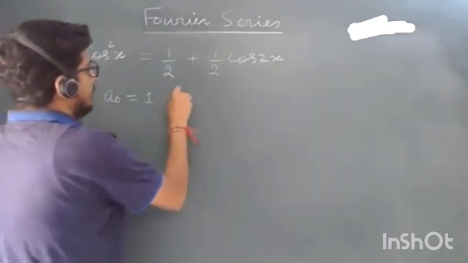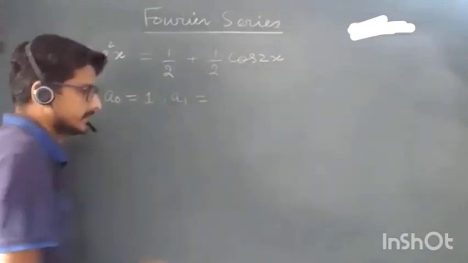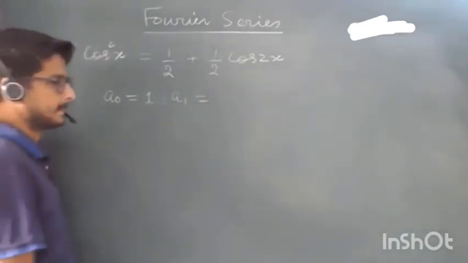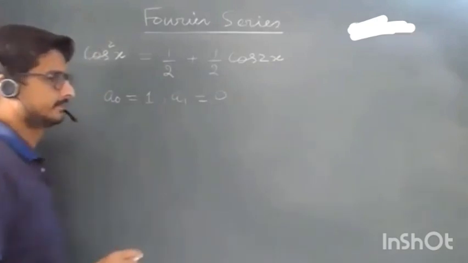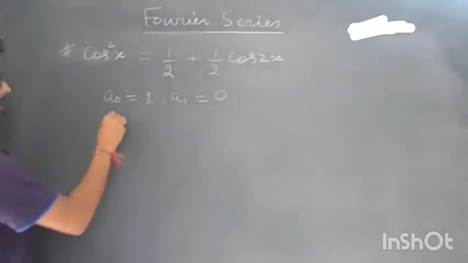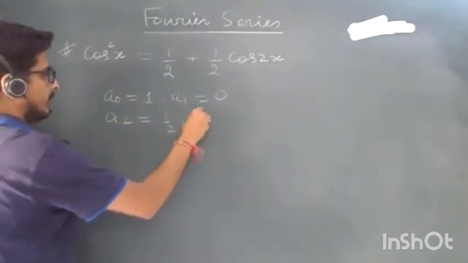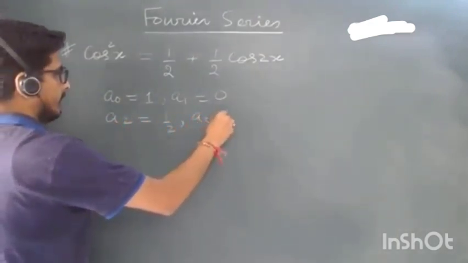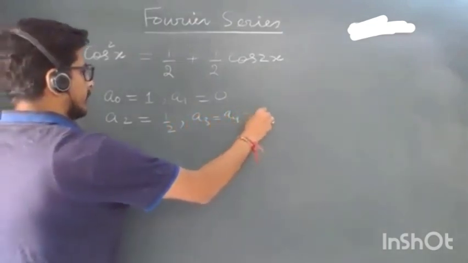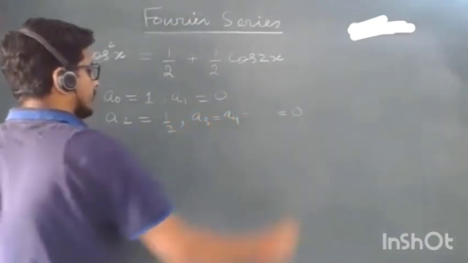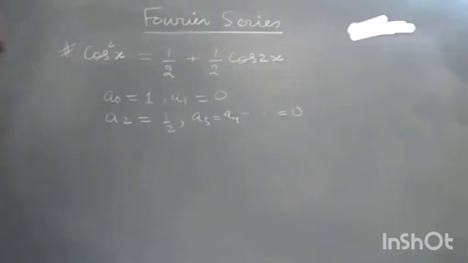The a naught by 2 form is the standard form, so we will use that. What is the value of a1? 0. What is the value of a2? Half. And what is the value of a3, a4? All that is 0.